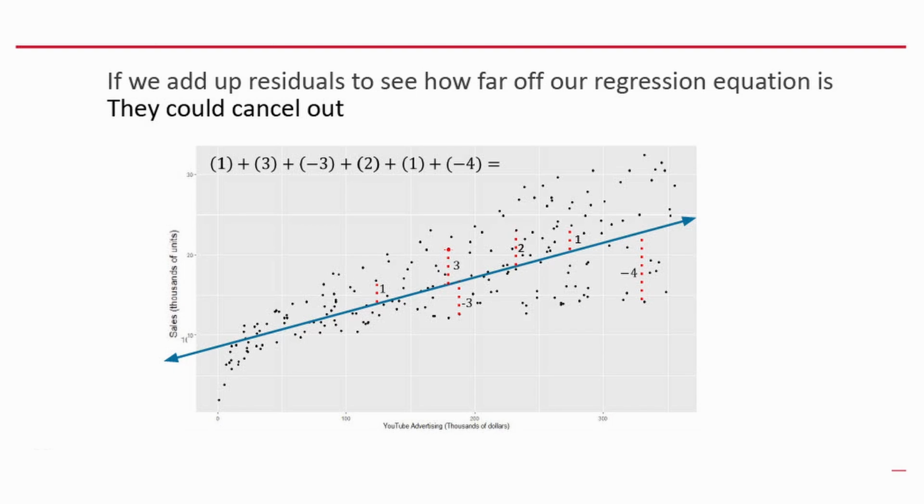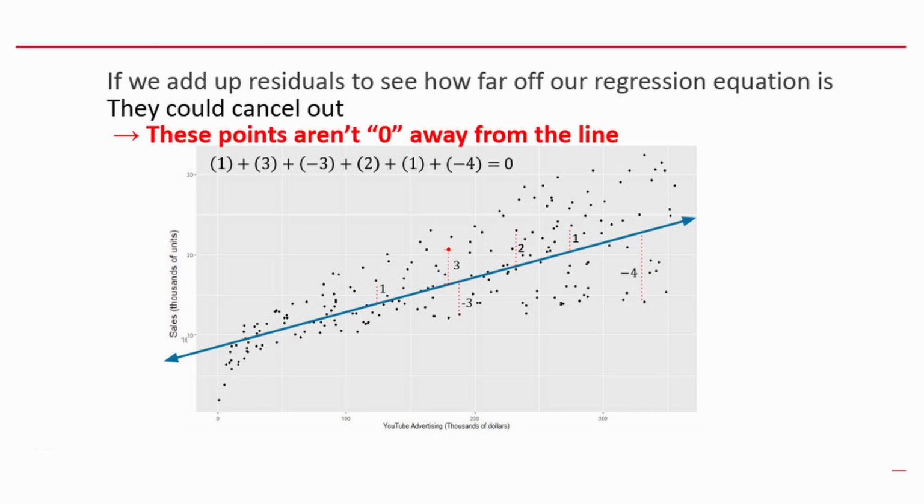The negative residuals are for points below the line. So you might think, let's add these up, and that'll tell us how good we're doing all together. But the problem is that the negatives and positives very well could cancel out, and these 6 particularly will cancel out to 0. Now, are these all points 0 away from the line? No, it's just that the positives and negatives canceled out.